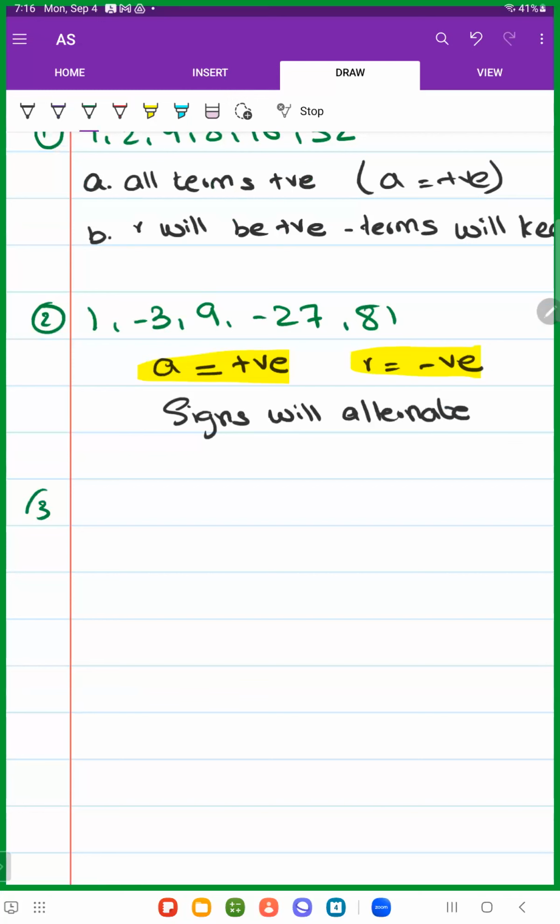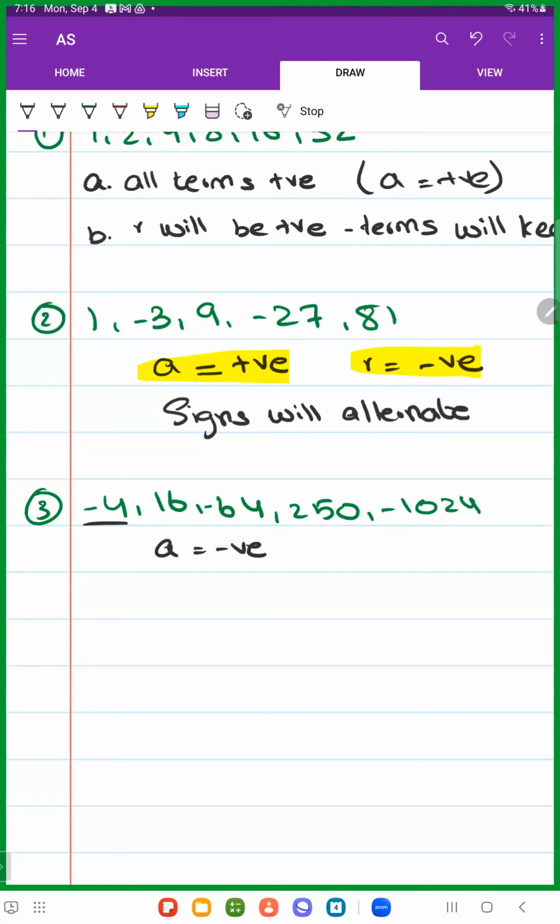Third, I have -4, 16, -64, 256, -1024. In this series, my A is negative. A is the first term. Can you calculate R for me?